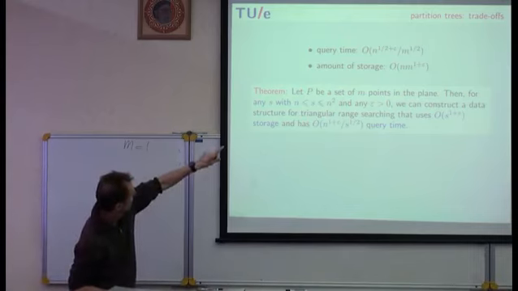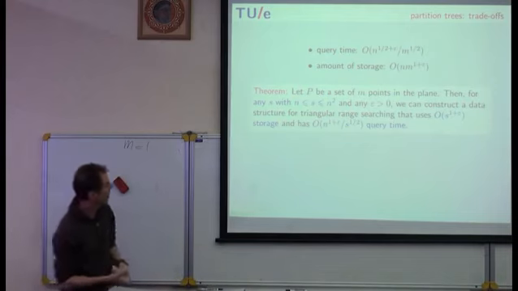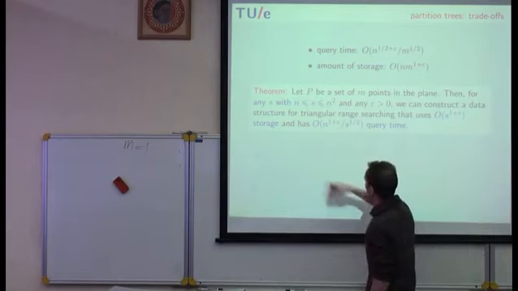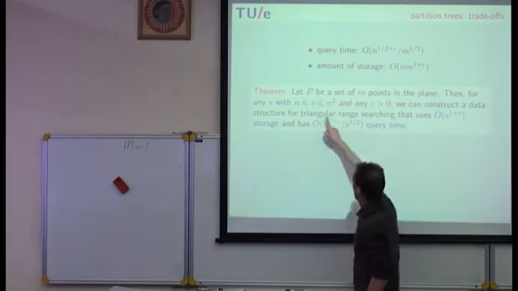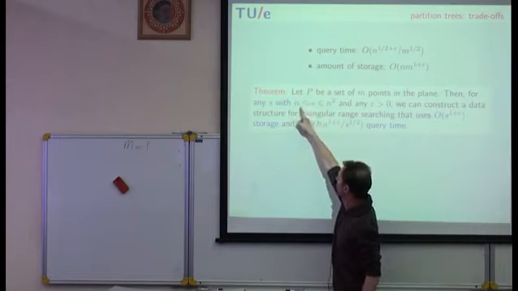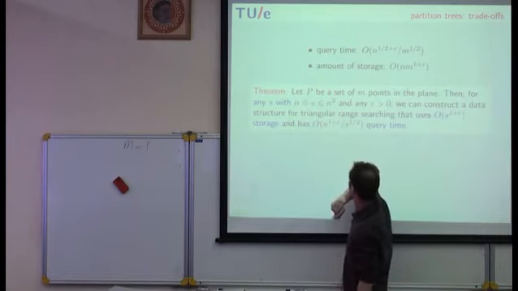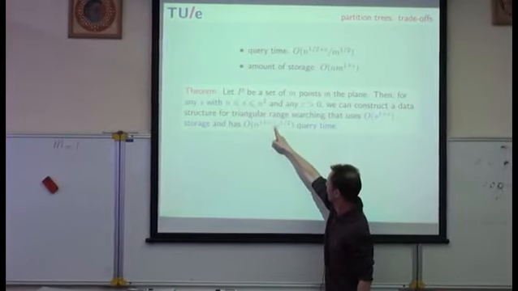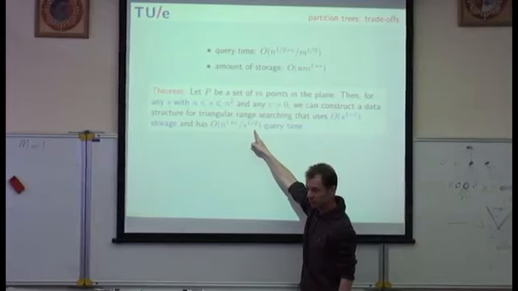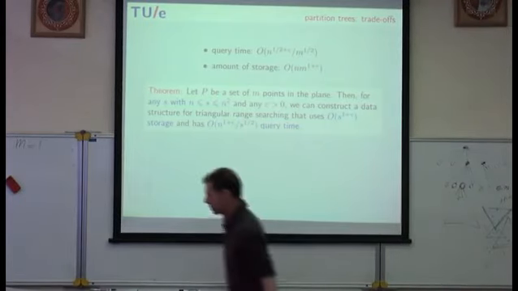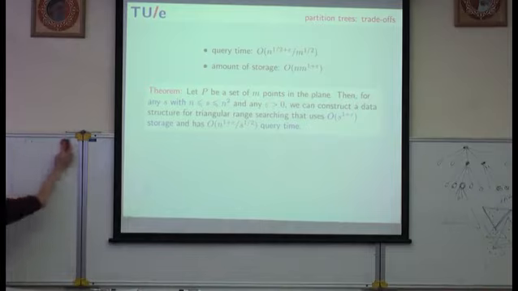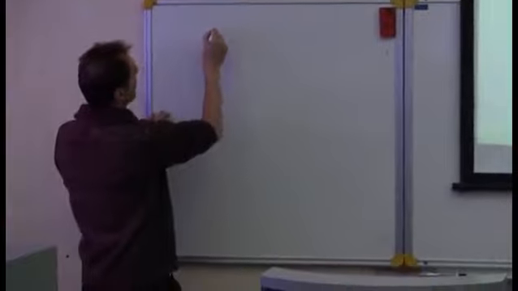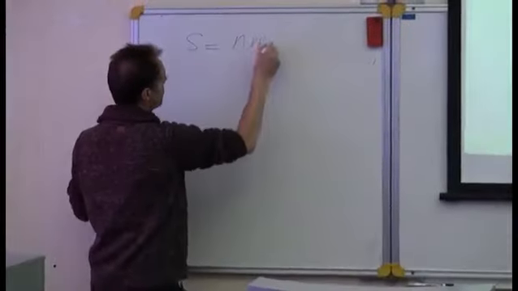Namely, instead of saying you have the query time and amount of storage you see there, you say, if I want to have storage S, where S is between n and n squared, then the query time will be n to the 1 plus epsilon divided by square root of S. That's exactly the same bound, because I take S equals n times m.